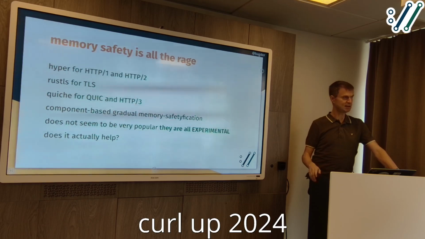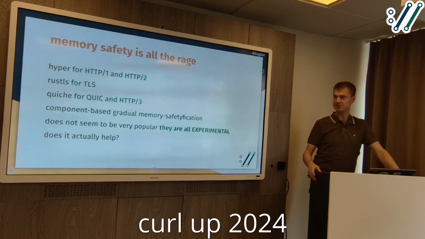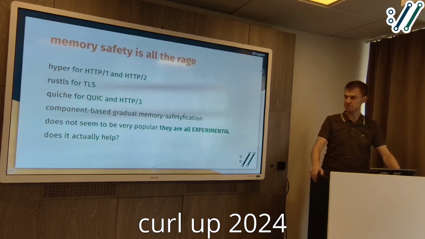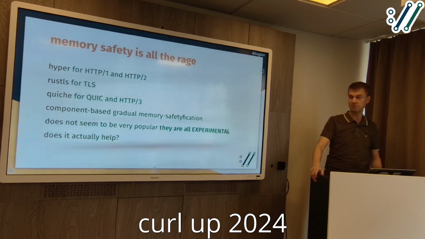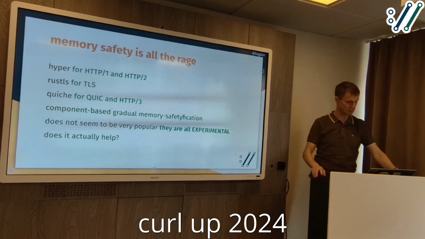So the question is, does any of this actually help anyone at all? Memory safetification, sure, but if no one is using it, it's just code somewhere in the repo that's a weight to carry around.